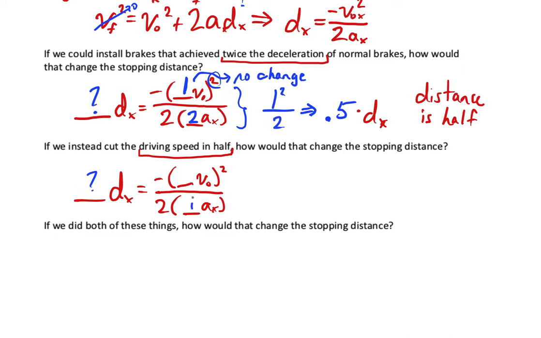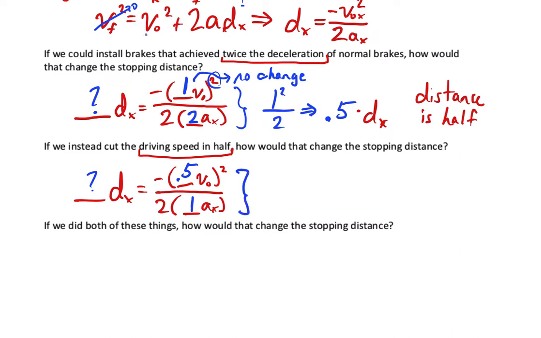So now we're saying let's have the same acceleration, but we go with half of our driving speed, half of our initial speed. Now, there was a direct relationship between distance and speed. It makes sense that if we're going slower, it won't take as much distance to stop. But is it just cut the speed in half, cut the distance in half?